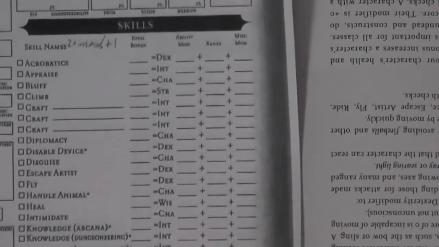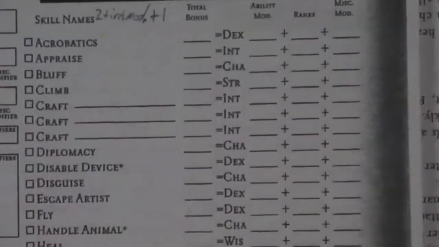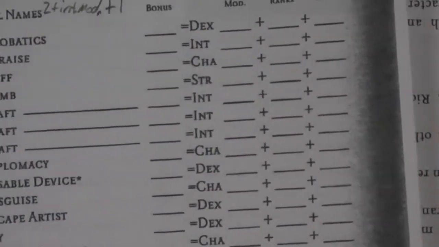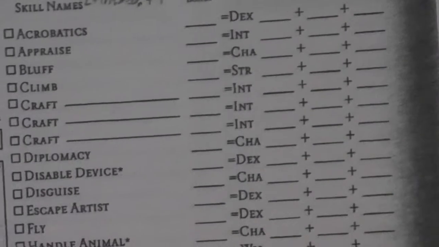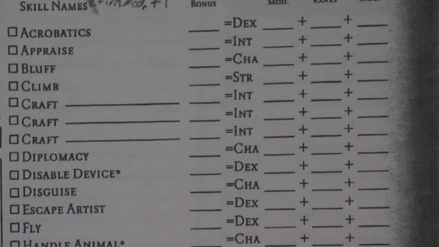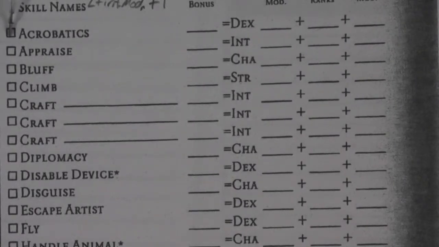So under these skills, it's kind of hard to see, so I'm going to zoom in a little more. I'm reading upside down here. So you've got Dexterity for acrobatics. You need to be dexterous to use acrobatics. So you use your dexterity modifier, which is +2 if I wanted acrobatics, plus you write in 1 rank if you want to put a rank in, and then you can check in that box over here.